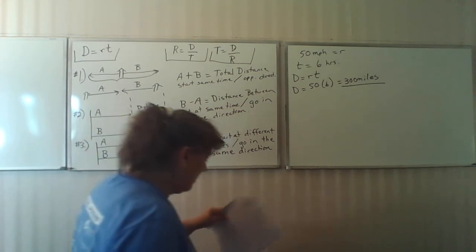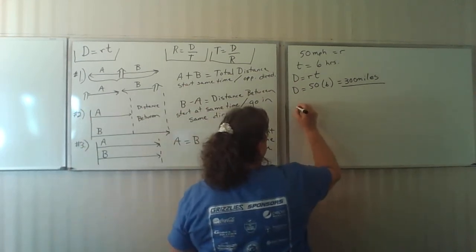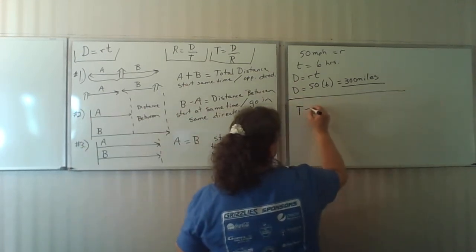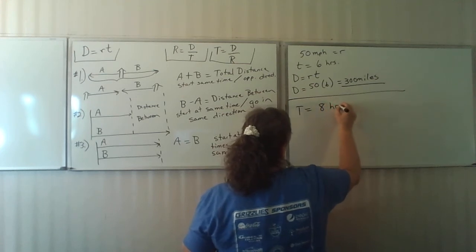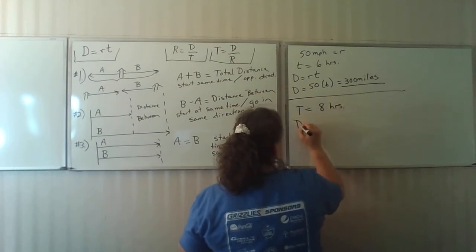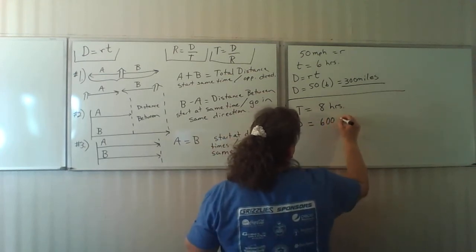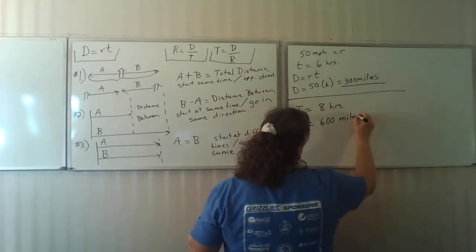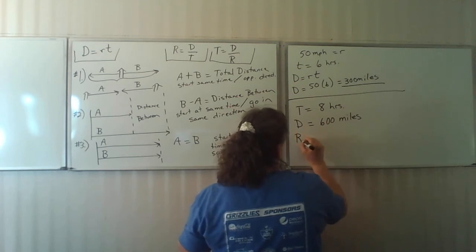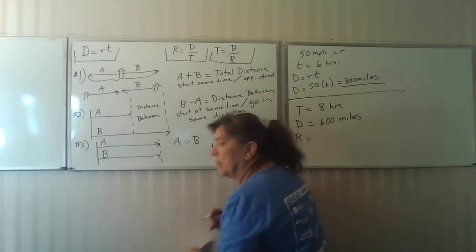The next one says, if it took me 8 hours to travel 600 miles, what was my average speed? Well, my time on this one is equal to 8 hours. My distance is equal to 600 miles. I want to know the rate, which is your miles per hour.